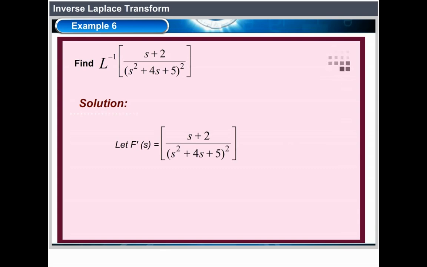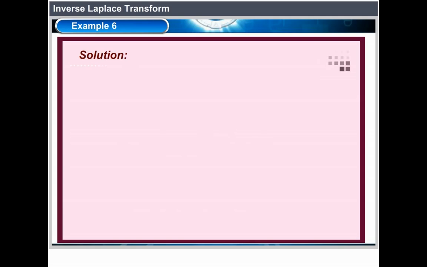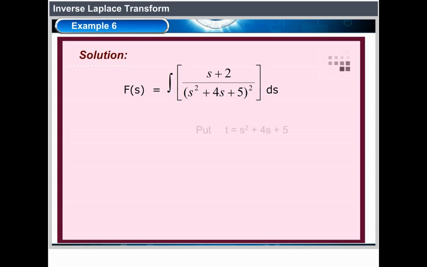After applying the integration, integral F dash of s ds equal to integral s plus 2 divided by s square plus 4s plus 5 the whole square ds. After integrating F dash of s, we will get F of s equal to integral s plus 2 divided by s square plus 4s plus 5 the whole square ds.